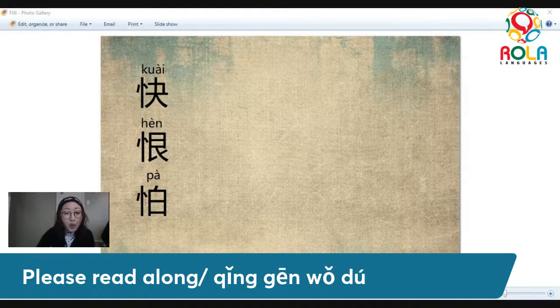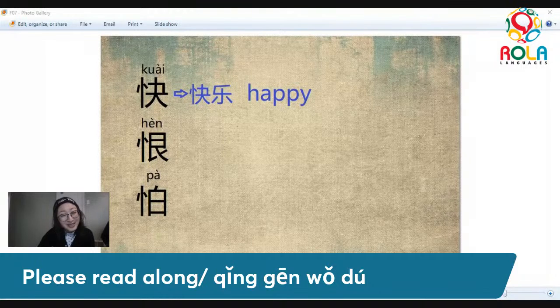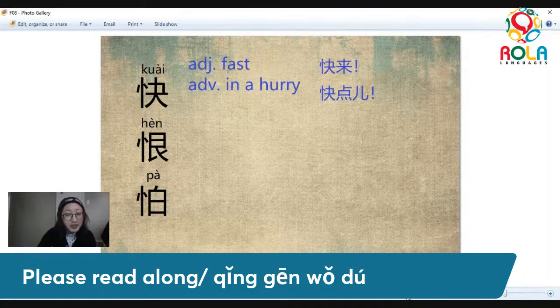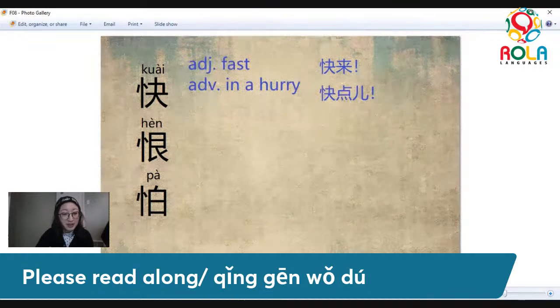If you have seen it before, that's probably because it is very commonly used in 快乐, happy. But 快 itself also carries the meaning of fast. And when it is not an adjective but an adverb, it can mean doing something quickly, like hurry up and do something.